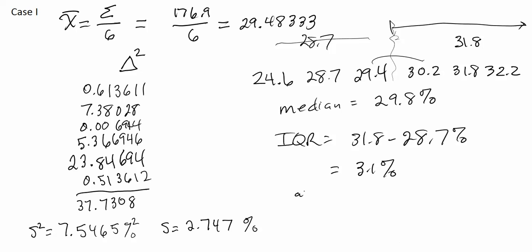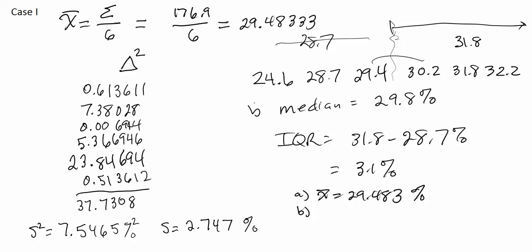So our answer to A was the sample mean is 29.483, and I'd probably just report that many digits, but I have to remember to put percent. Then in B, the sample median, well, that's up here.